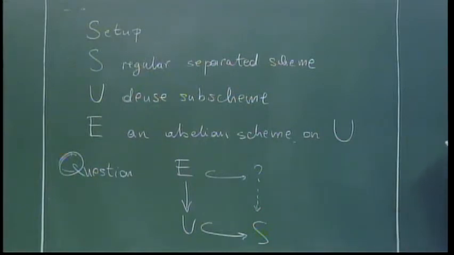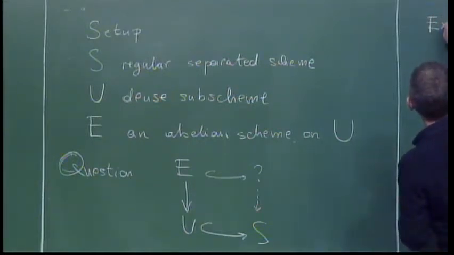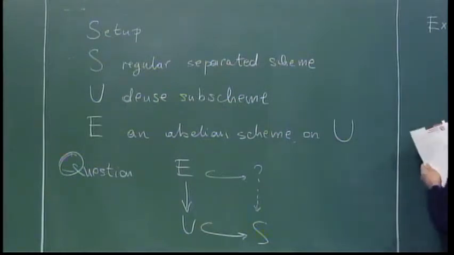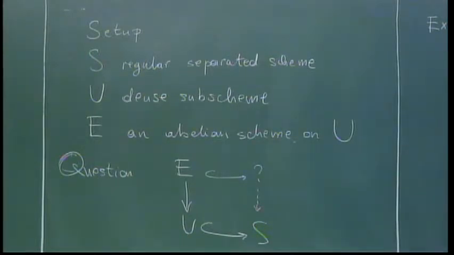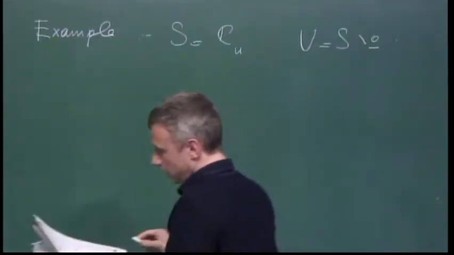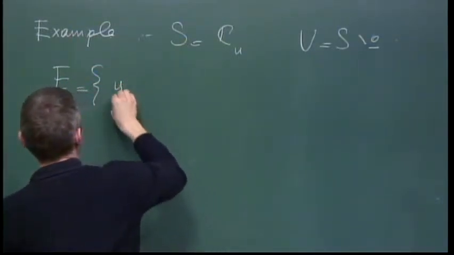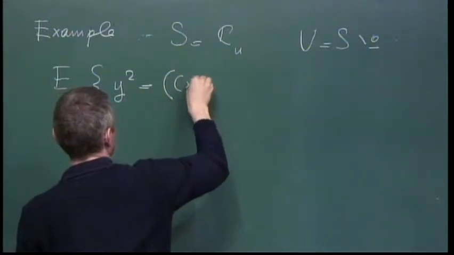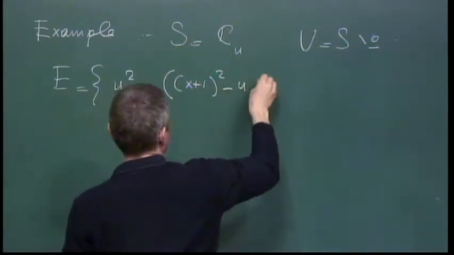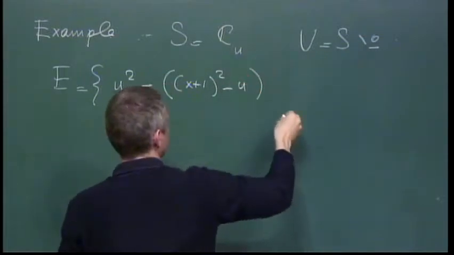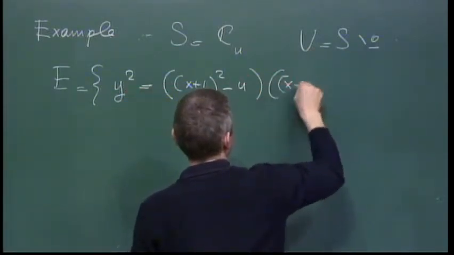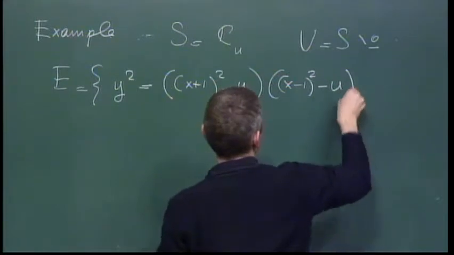So let's take an example. Here S is a little disk around the origin, and U is the disk with the origin taken off. E is going to be defined as follows.